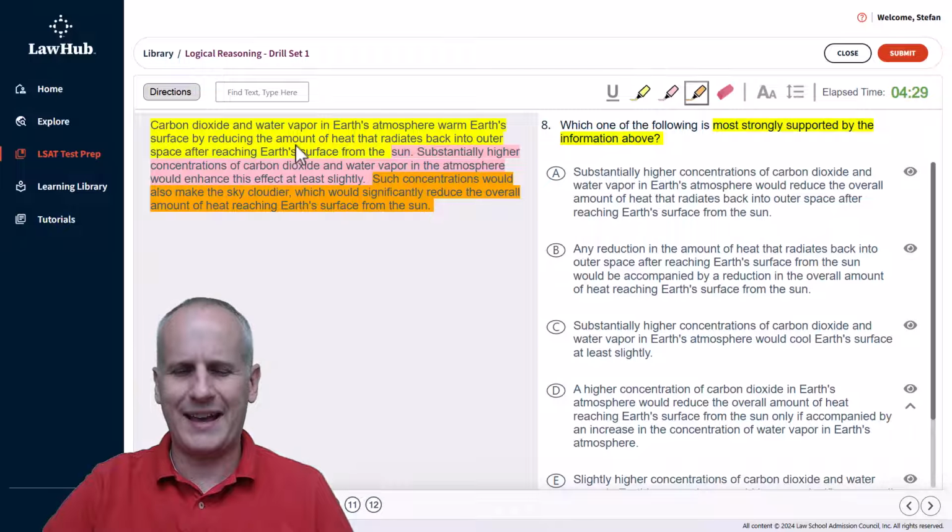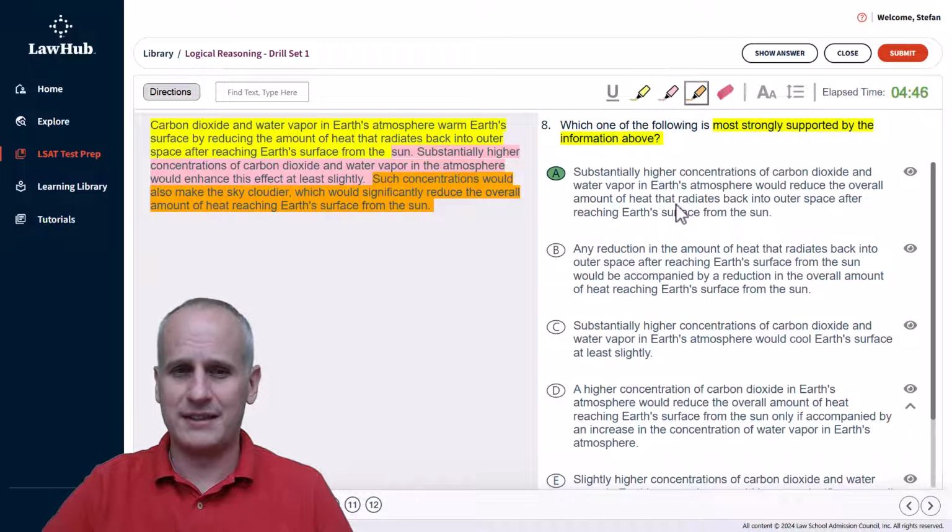And we're told that the substantially higher concentrations would enhance this effect. So A is actually 100% definite. It really doesn't change the statements of fact in the paragraph all that much, and it's going to end up being our correct answer.